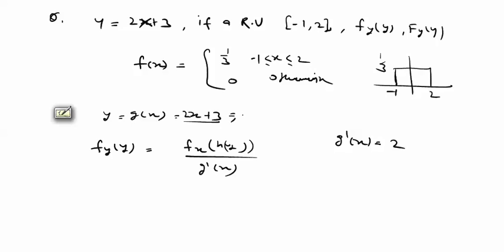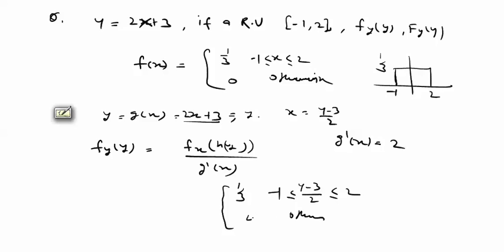Solving the expression for x gives x equals (y minus 3) upon 2. Put this value into the expression: 1 by 3 for (y minus 3) by 2 between minus 1 and 2, otherwise 0.